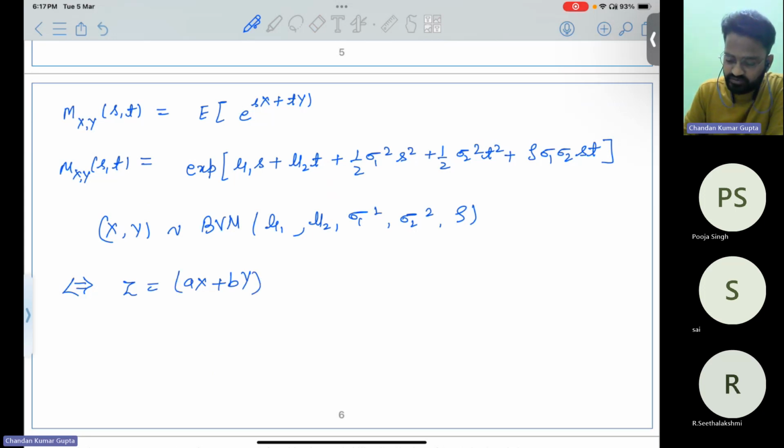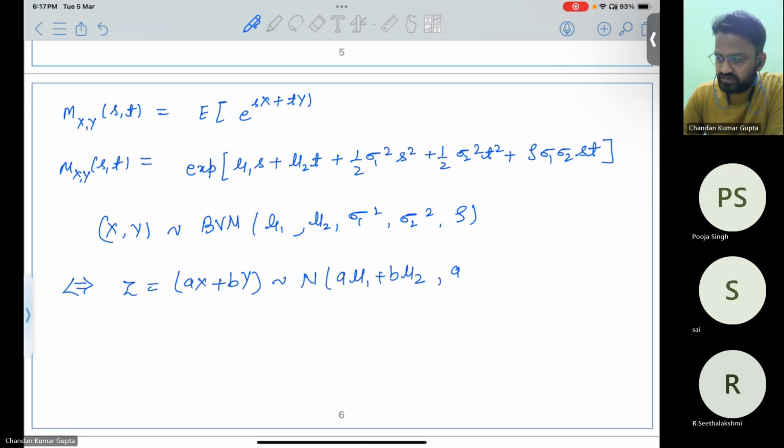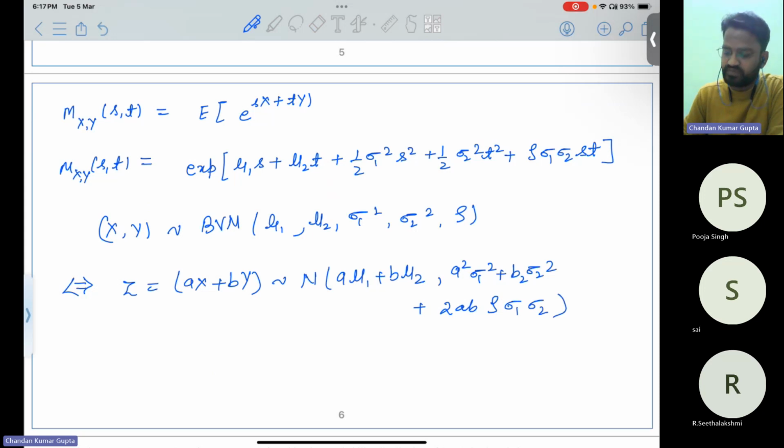It is also a normally distributed random variable with mean a mu1 plus b mu2, and the variance is a square sigma 1 square plus b square sigma 2 square plus 2ab rho sigma 1 sigma 2. So this is the mean and the rest is the variance for z.